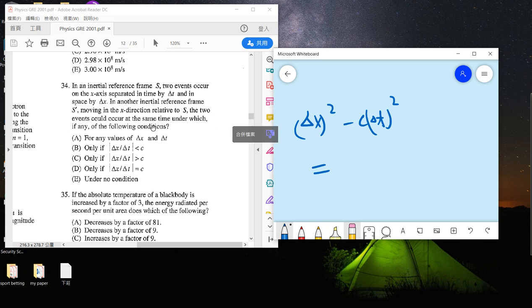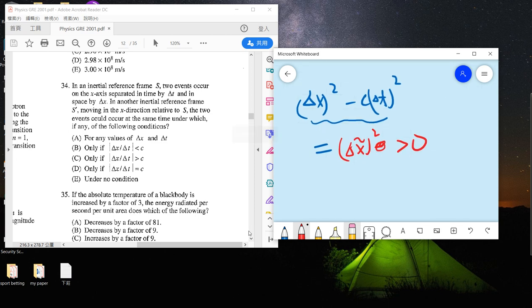Occurring at the same time means that whenever delta t is 0, this must be larger than 0, which tells us that delta x over delta t must be larger than c.